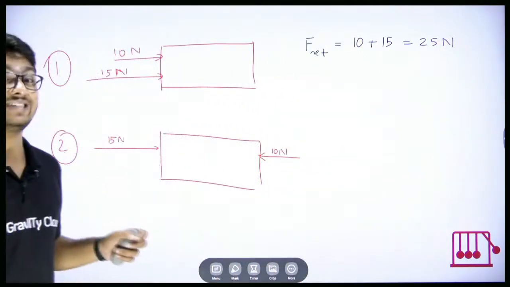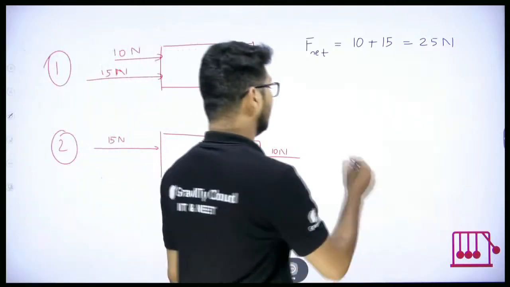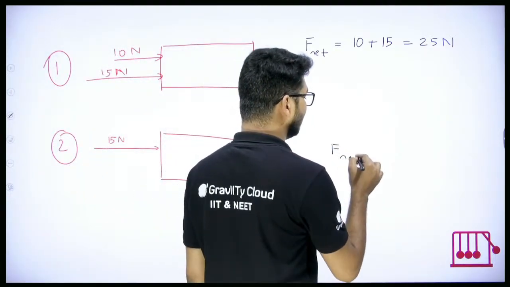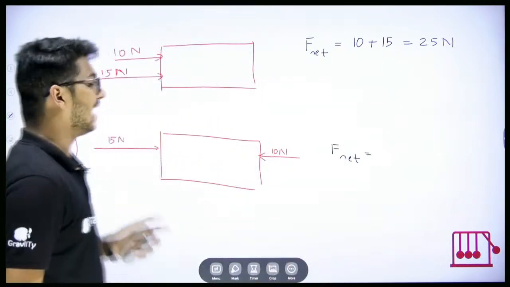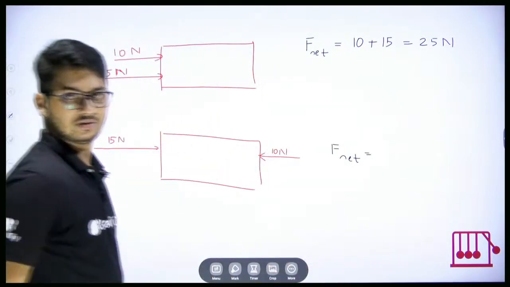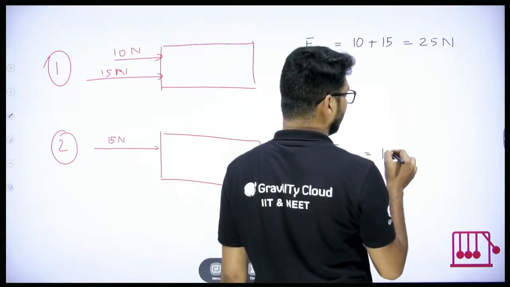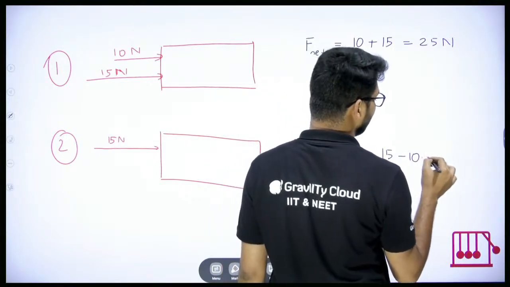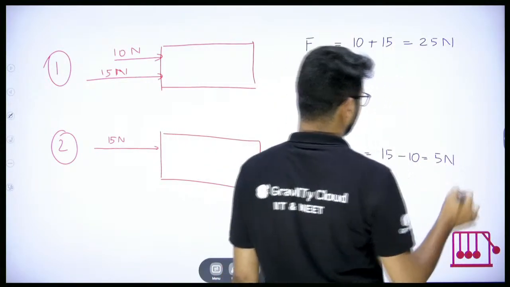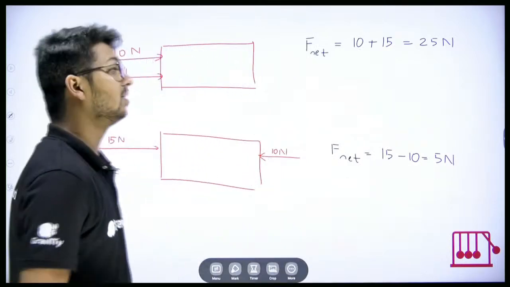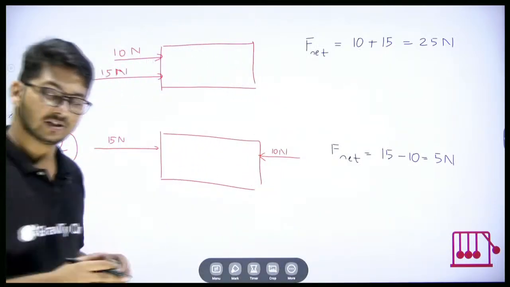But in the second case, net force is going to be the difference because the forces are acting in opposite directions. So net force will be equal to 15 minus 10, which is 5 Newton. But remember, force also has direction.